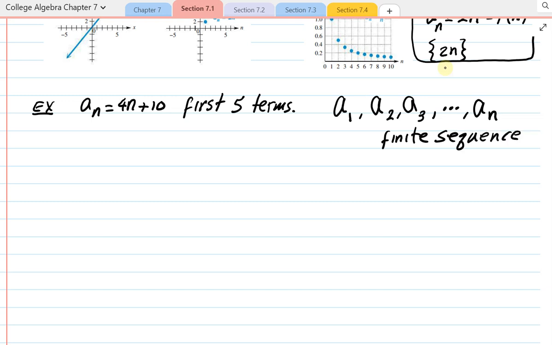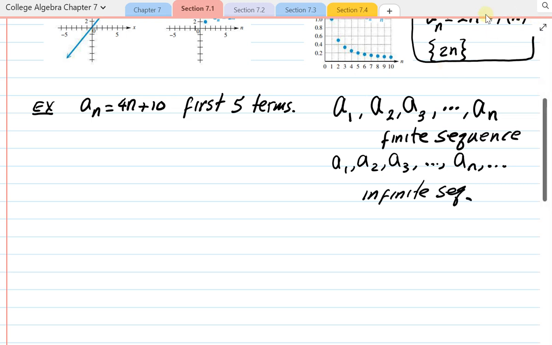There we go, finite sequence, because they have a countable number of terms. If the sequence goes on indefinitely because the set of natural numbers is infinite, so here's your nth term, and then it just keeps going on forever, then this sequence is going to be an infinite sequence. Okay, so that's just the types.